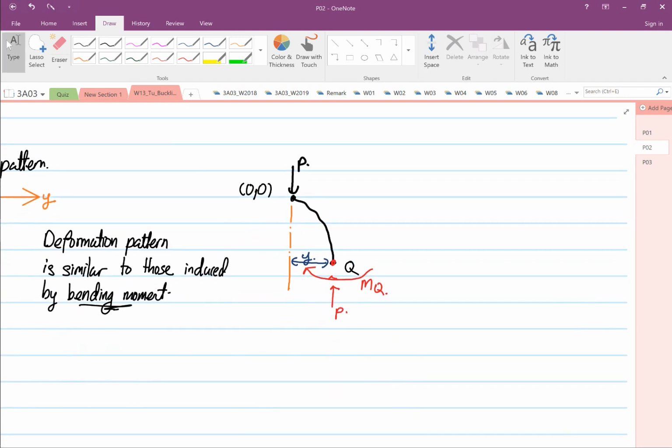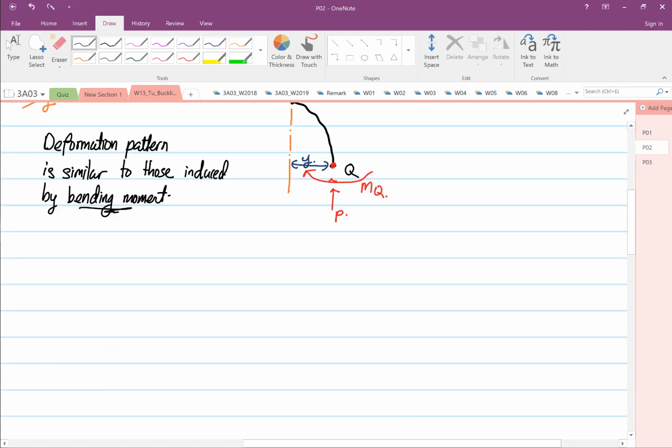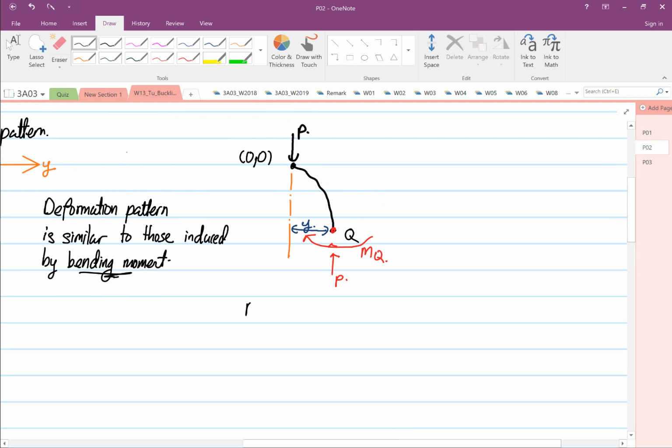So the moment about point Q is equal to P multiplied by y. And it's in the clockwise direction, so minus P multiplied by y. So that is the moment about point Q.